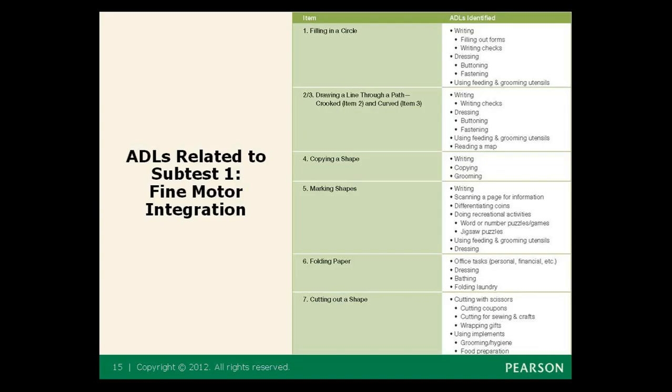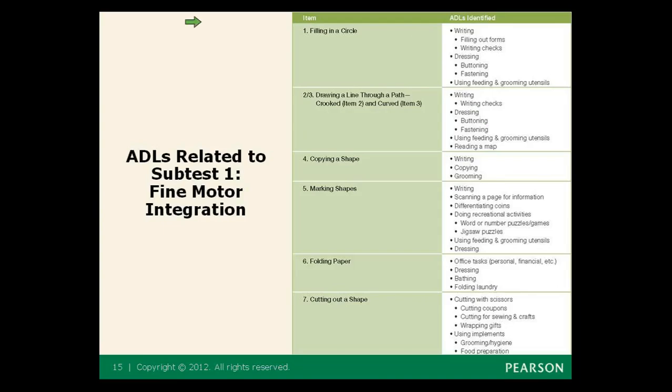When we're looking at fine motor integration, for subtest 1, the items were seen as relating to ADLs such as reading a map, differentiating coins, folding laundry, and cutting with scissors.